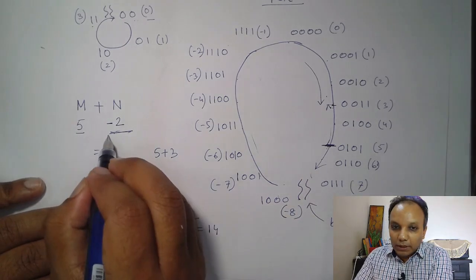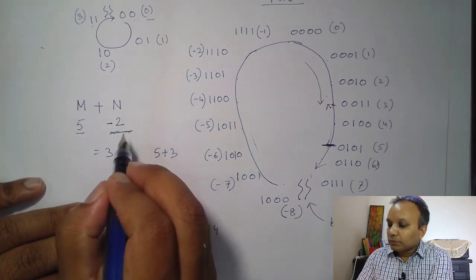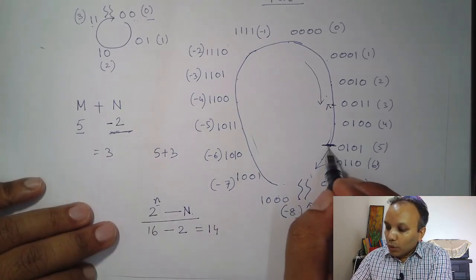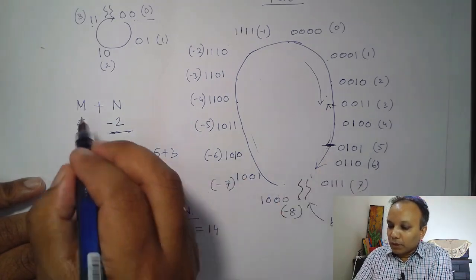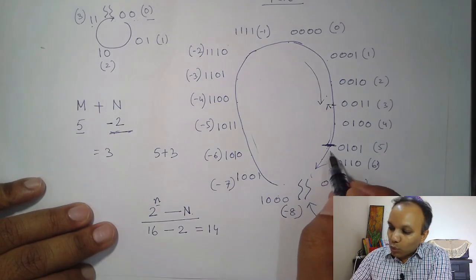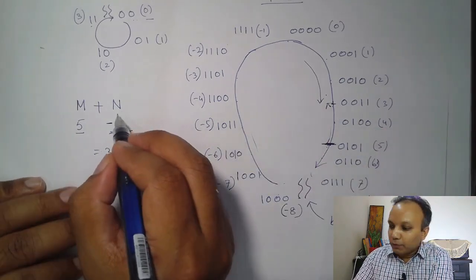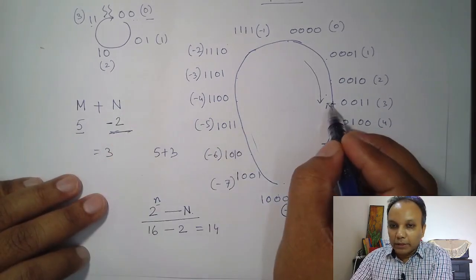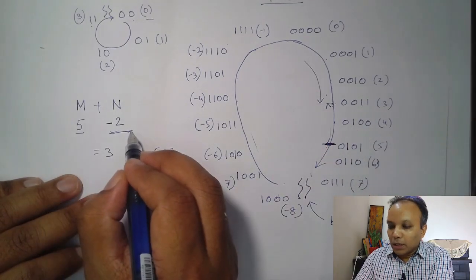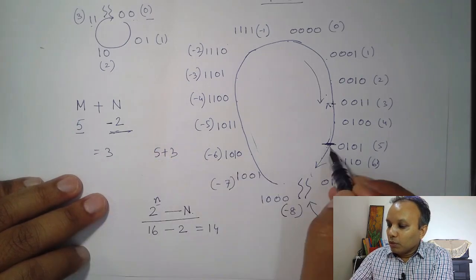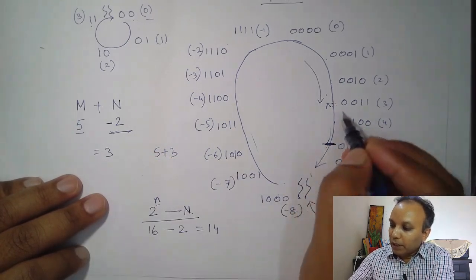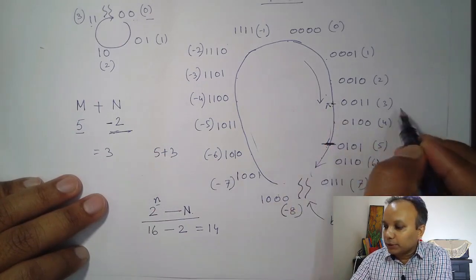Now if this number n is negative, then there are two options. To find the answer of m plus n, we can move counterclockwise n steps from m. So basically 5 plus minus 2: you move counterclockwise 2 steps from 5 and you will reach the answer, which is 3.